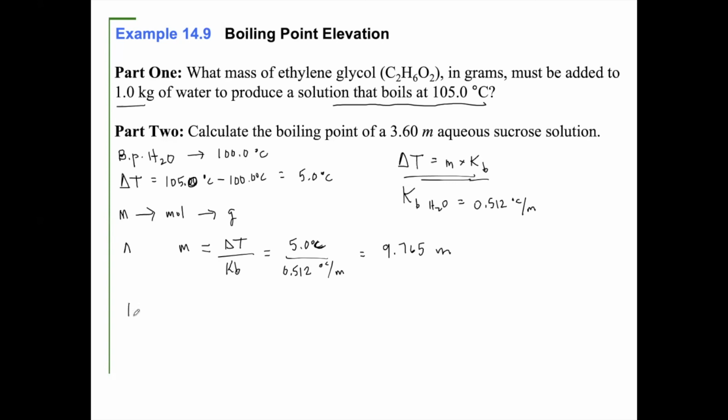If we have 1 kilogram of water, and now we know our molality, we know that 1 kilogram of water contains 9.765 moles of ethylene glycol, because remember, molality is moles of solute per kilograms of solvent, excuse me.